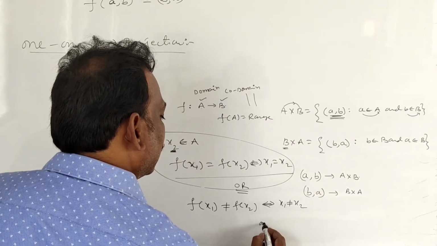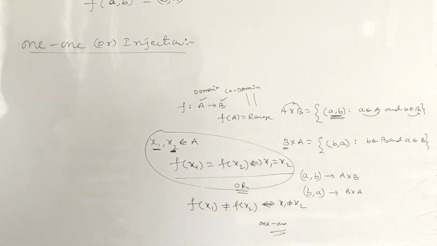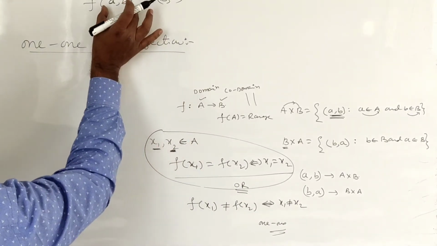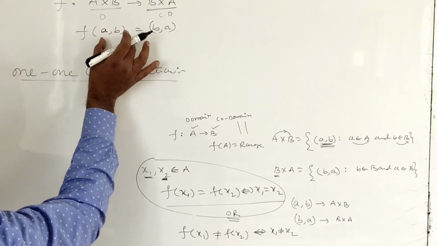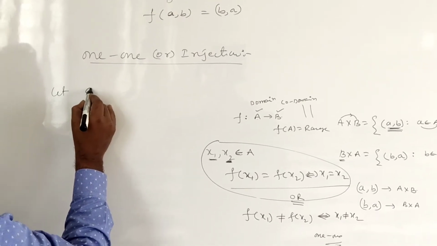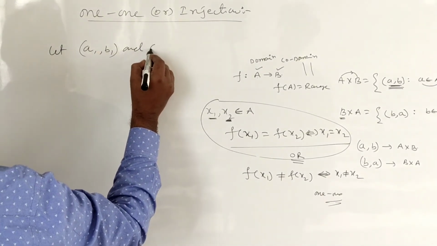It is also a 1-1 function definition. Now we have to check it. So instead of x1, x2, we have ordered pairs AB in A cross B. So I can take, let, A1, B1 and A2, B2.